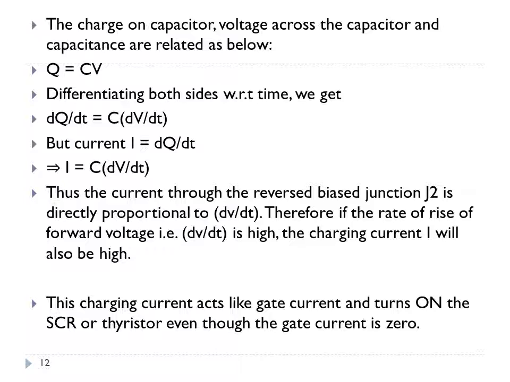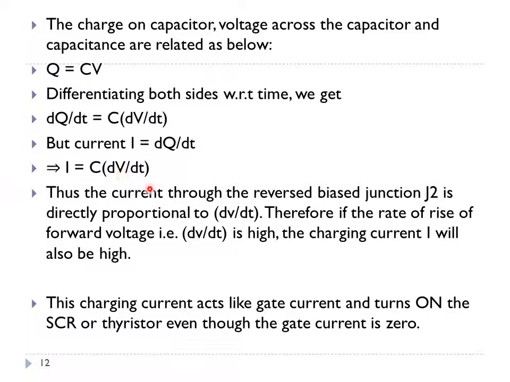Generally, the forward breakover voltage is less than the reverse breakover voltage, and hence the reverse breakdown voltage is considered as the final voltage rating while designing an SCR. If anode voltage is reduced below forward breakover voltage, the SCR will continue to conduct.